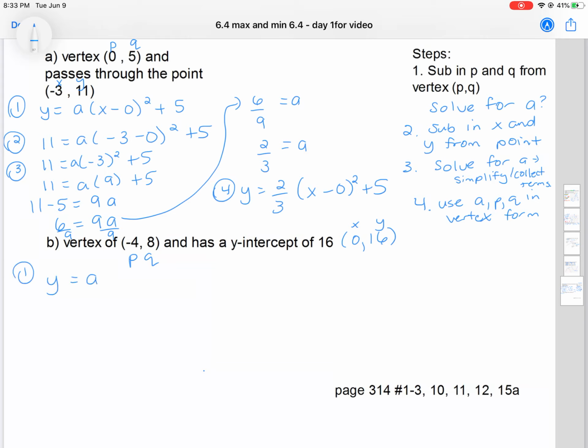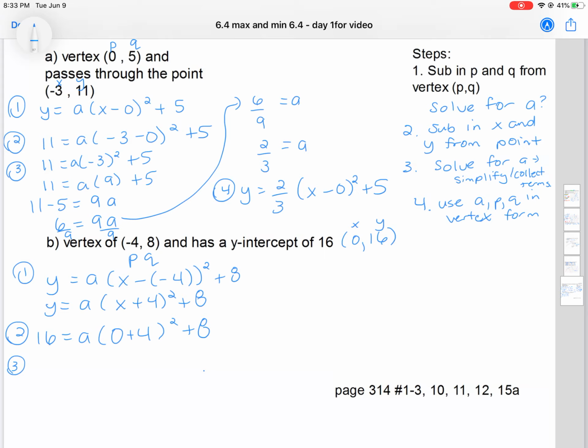So sub in P and Q. And remember, when you do this, then that's minus -4 squared, which you can simplify. Then we're going to sub in the y and the x. And simplify.